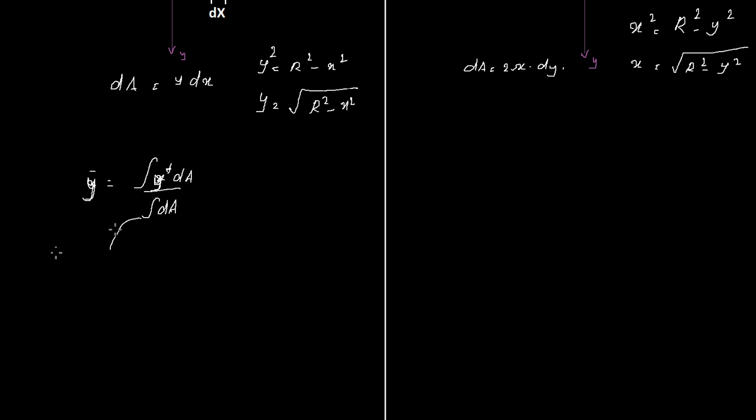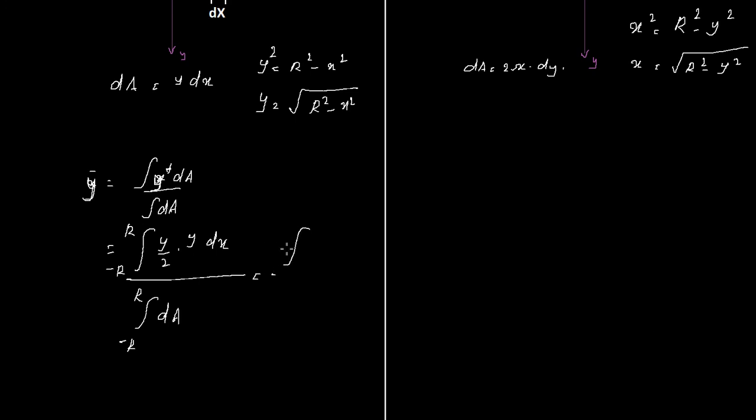So that is equal to y by 2, and dA is y dx, into y dx over integral dA within limits minus r to plus r, and that should give you integral minus r to plus r y squared by 2 dx over pi r squared by 2. You know the total area is pi r squared by 2.